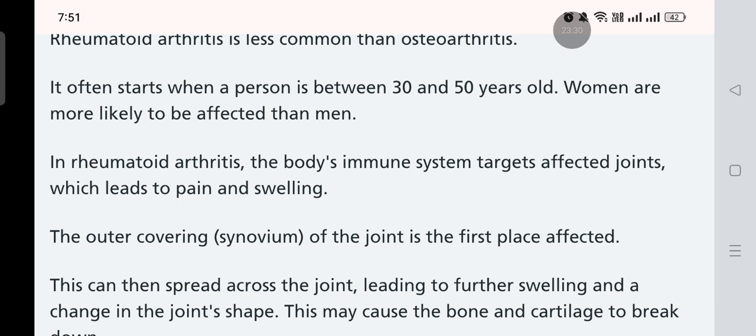In rheumatoid arthritis, the body's immune system targets affected joints, which leads to pain and swelling. The outer covering, the synovium, of the joint is the first place affected.